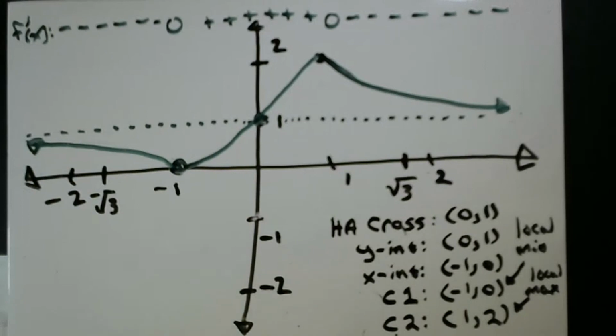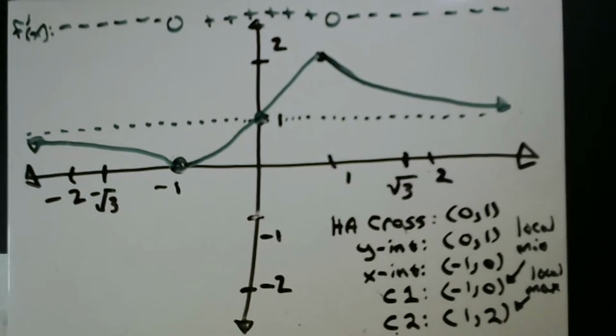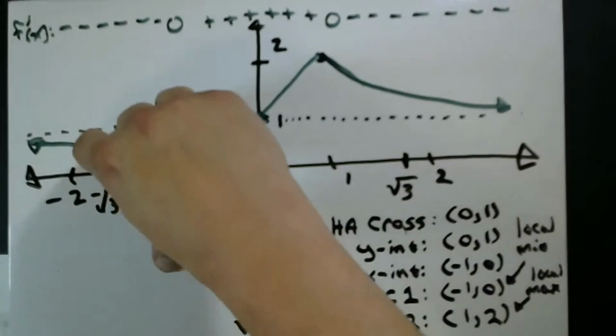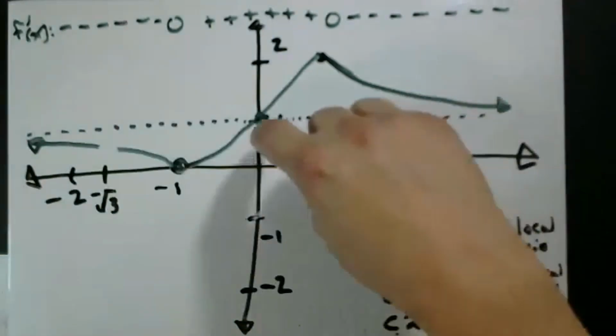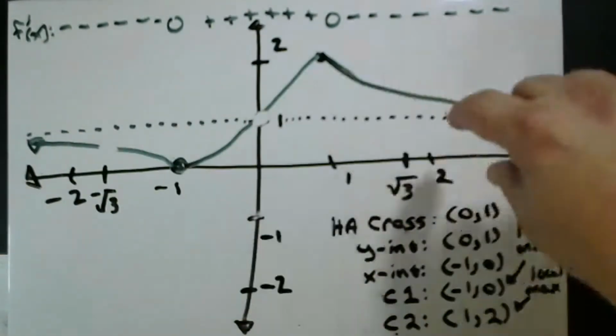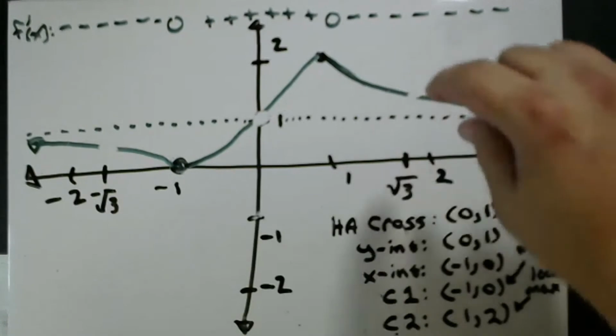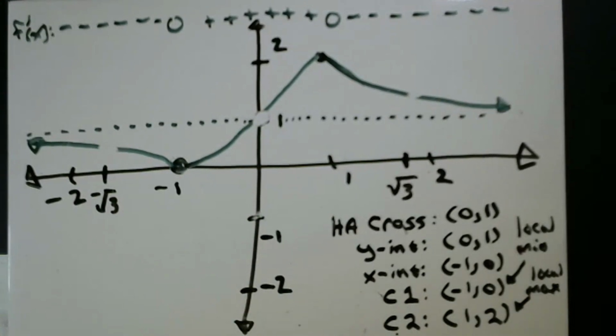Now, another thing to keep in mind, we can adjust our graph a little bit, is concavity. We know that there's transition points at these locations for concavity.